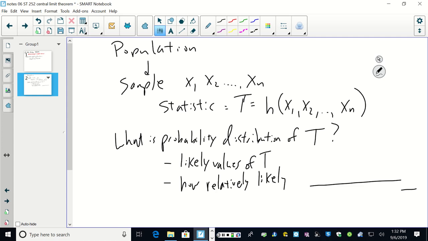So maybe the values of T that we would see just by random sampling, it wouldn't necessarily be a smooth curve or anything like that. It wouldn't necessarily be symmetric, but there's some kind of central value in here and some spread and some other patterns that might show up depending on things. And we want to know about that.